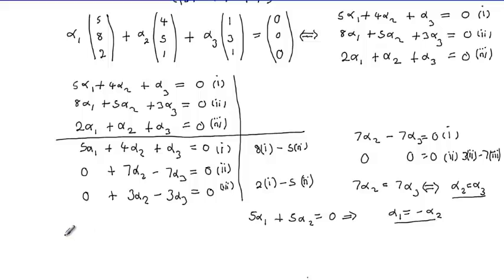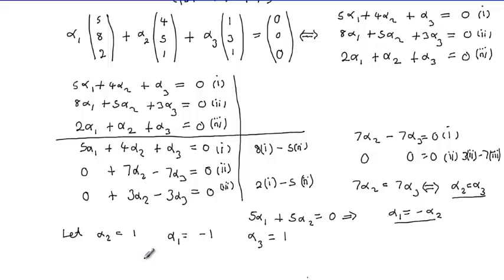Let's say alpha 2 equals 1. Then we're going to have alpha 1 equals minus 1, and alpha 3, which is equal to alpha 2, equals 1.